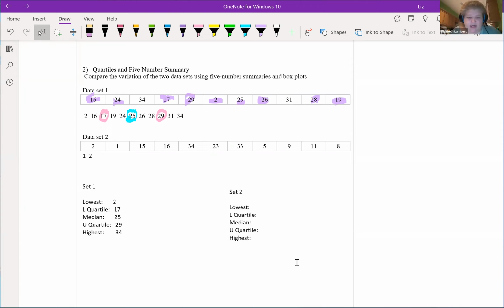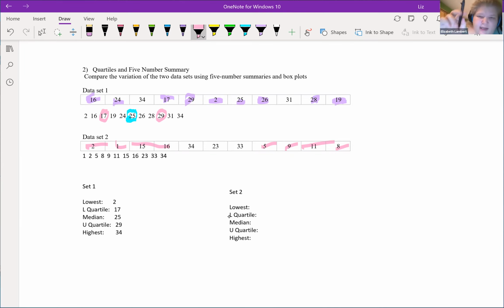And then 5, 8, and 9. 11, 15, 16. 23, 33, 34.